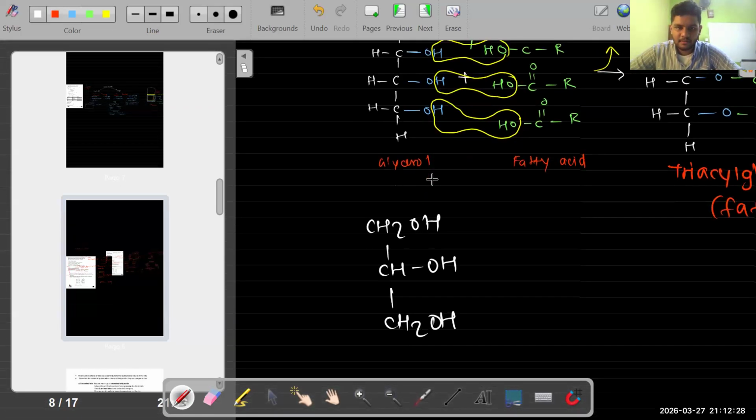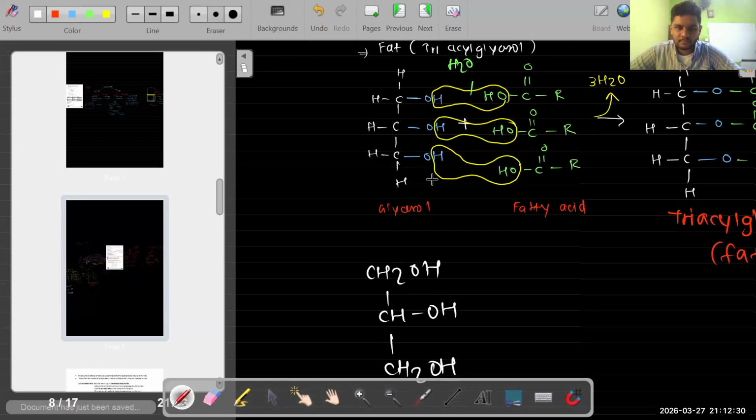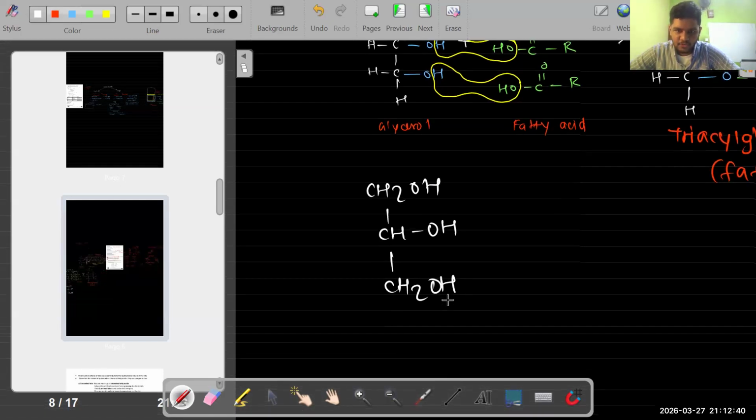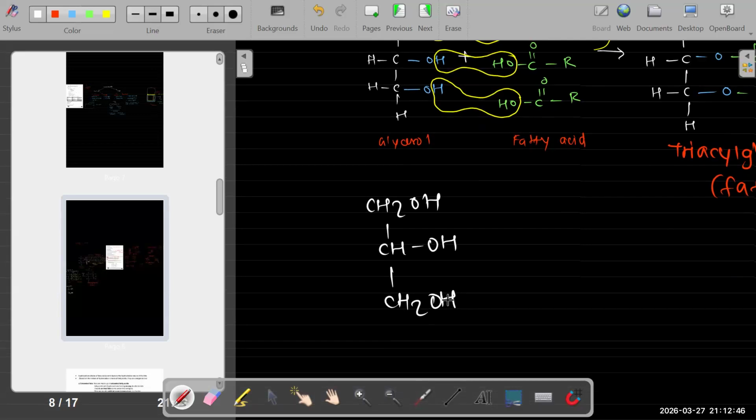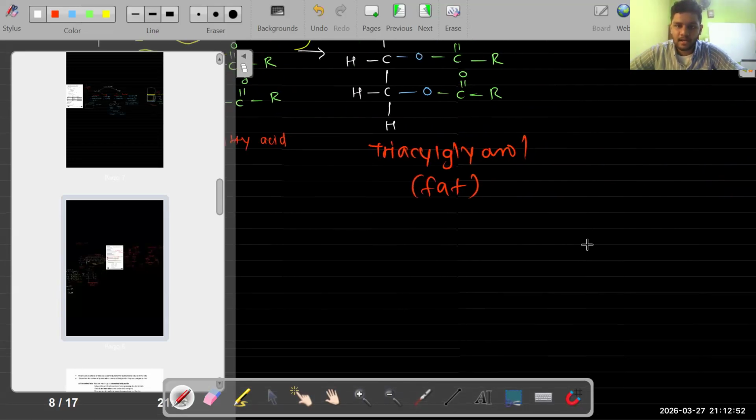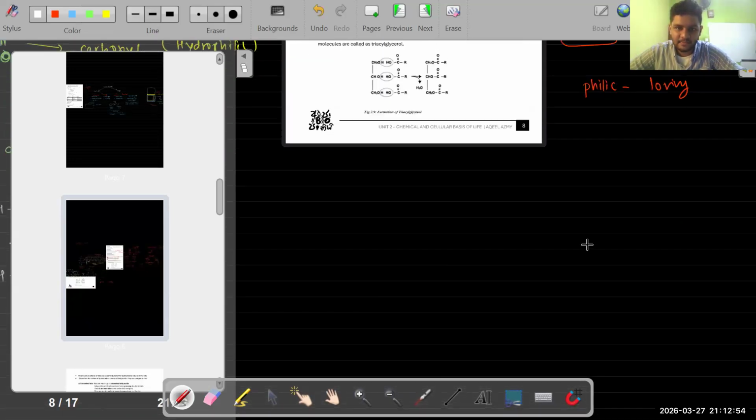Is it confusing? See here, this carbon has H2, so CH2OH. This carbon has only one hydrogen, so CHOH. This has CH2, so CH2OH. Is it clear? Yes, sir. All right, very good. That is how they have explained it here.